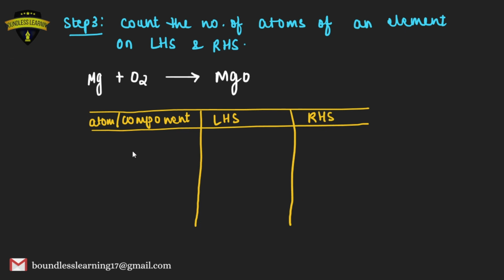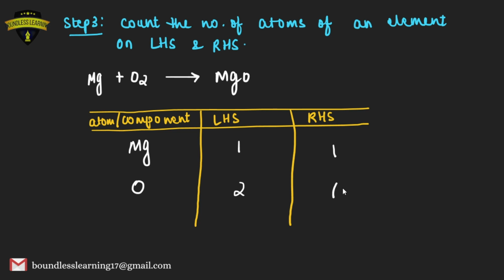So the first atom involved is magnesium. Count the number of magnesium atoms on the left hand side. It's 1. Number of magnesium atoms on the right hand side, 1. The other atom involved is oxygen, O. Number of oxygen atoms on the left hand side, it's 2. Number of oxygen atoms on the right hand side, 1.